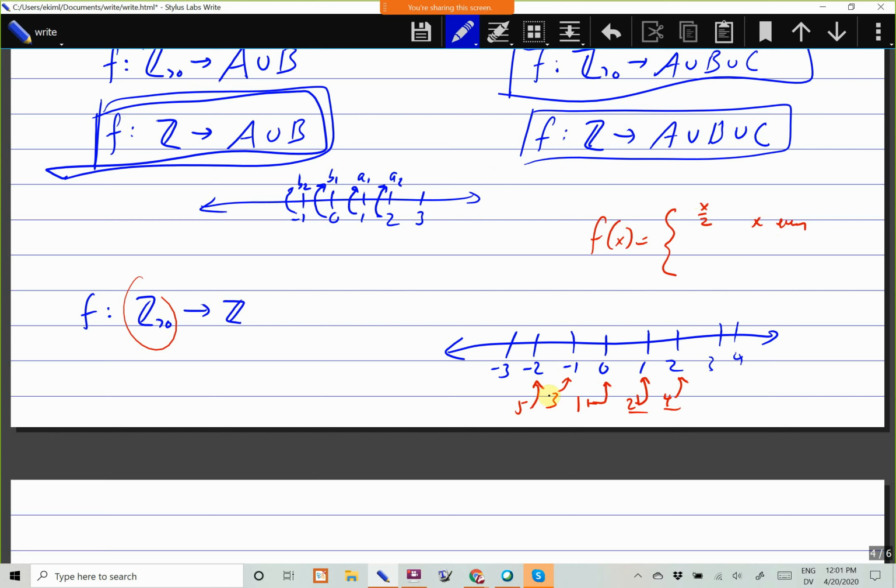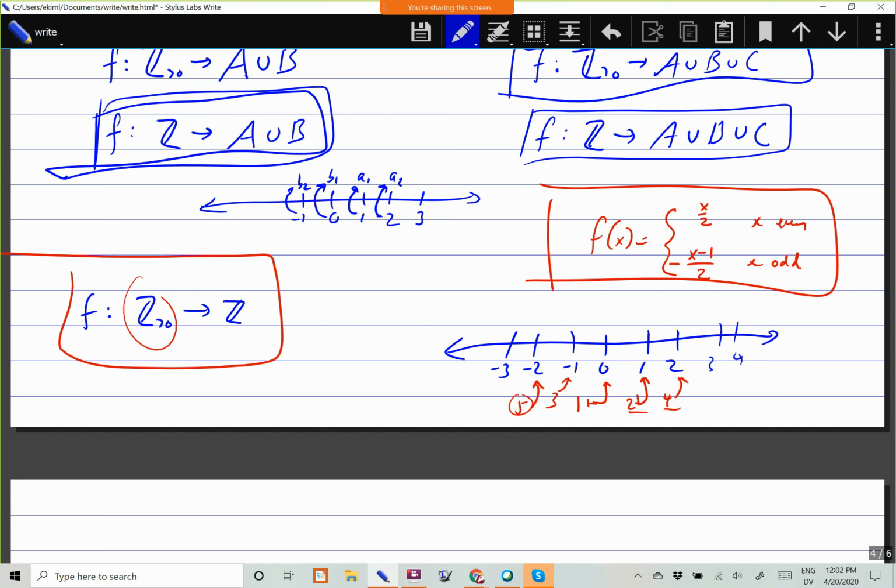And then when I have odds, like a 5, I do x minus 1 to get down to 4, divide by 2, and then I just need to make the number negative if x is odd. So cool, that's my rule with this as domain and codomain. Of course, this function needs to be proved to be injective and surjective, but I hope the picture shows that it should be.